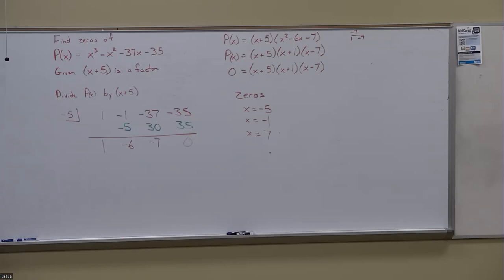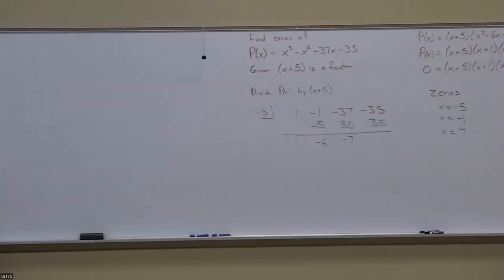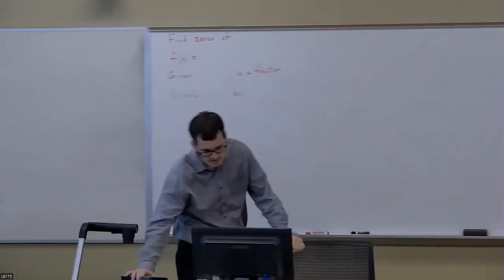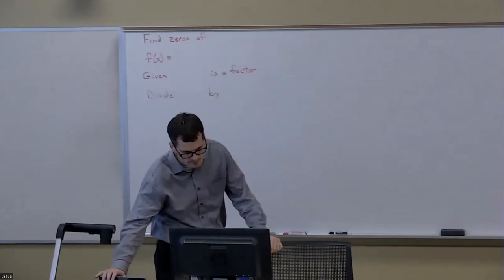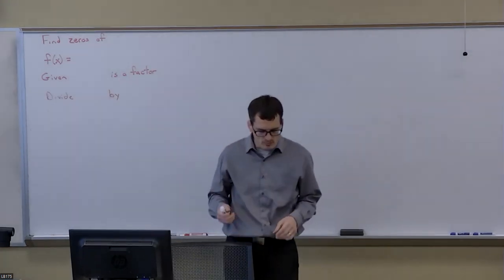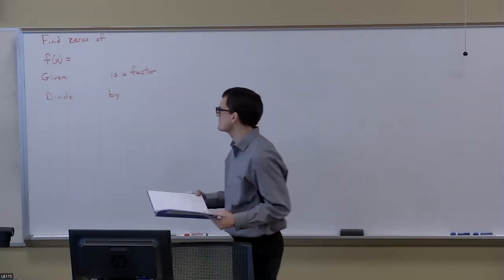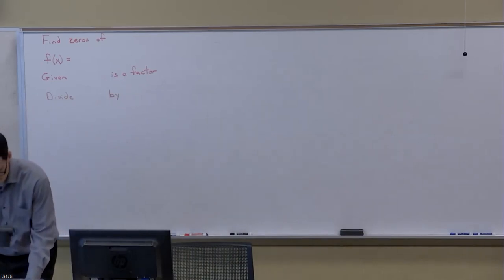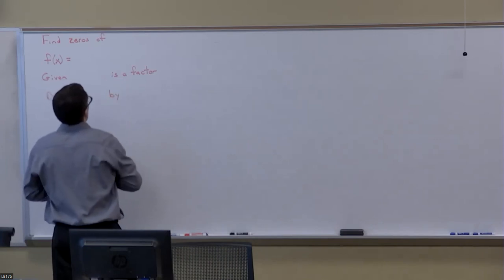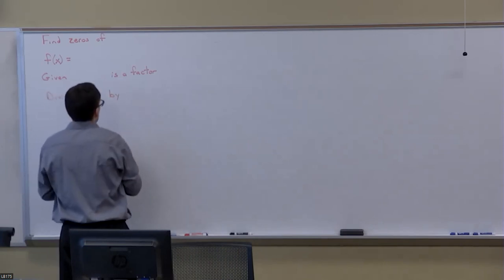Now, in these last two problems, the zeros always came out to be really nice integer values. Let's look at one that doesn't come out so nicely. So this is going to look really, really similar. Let's say we want to find the zeros of, I'll call it g of x this time.